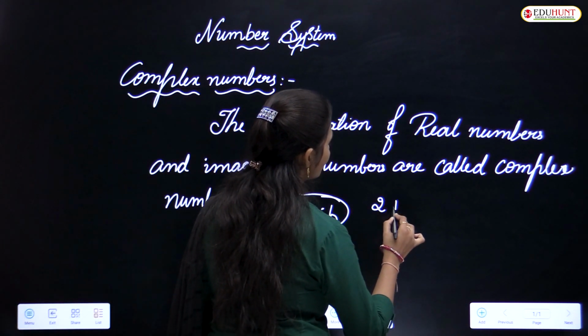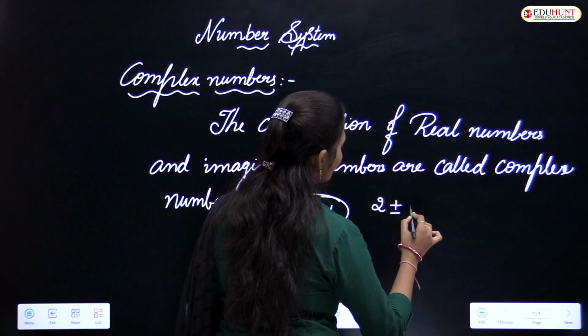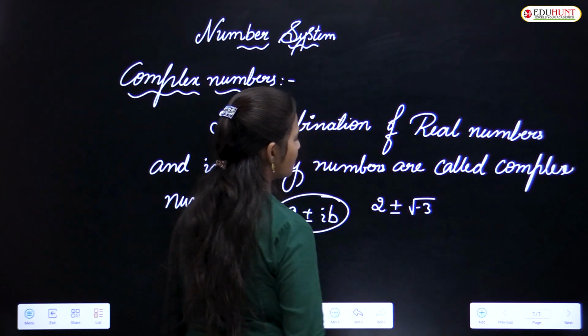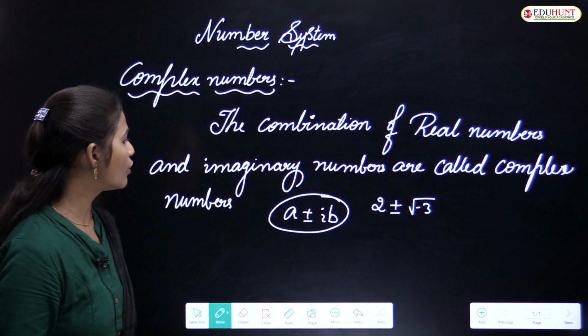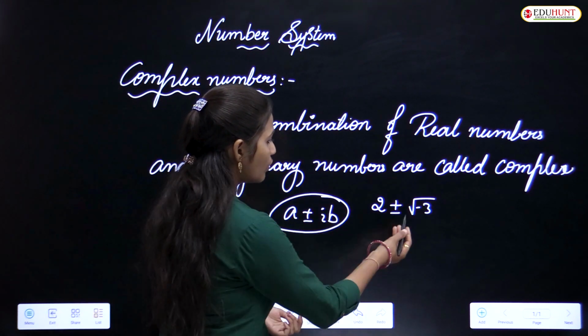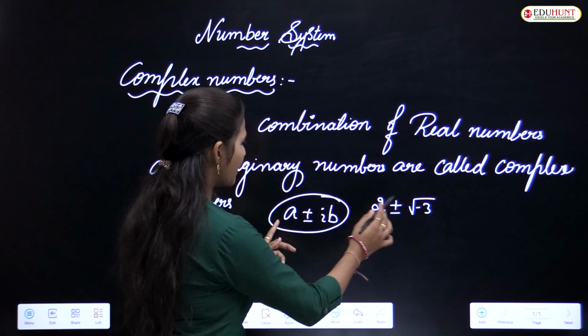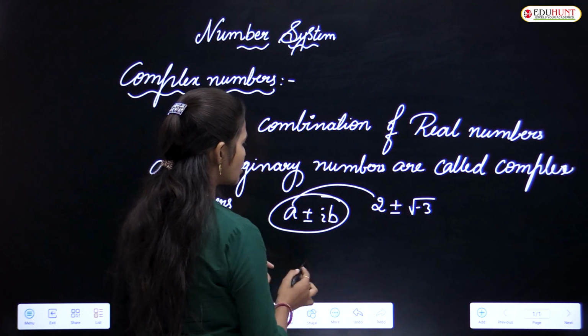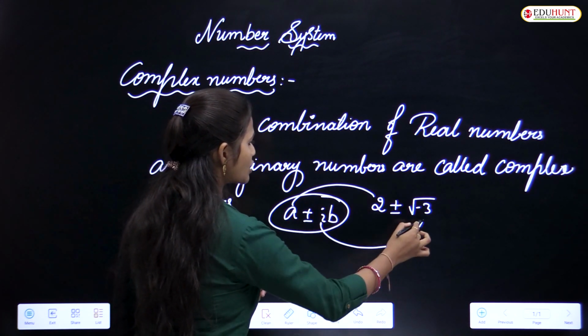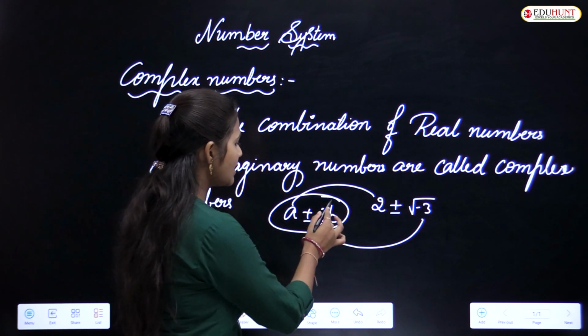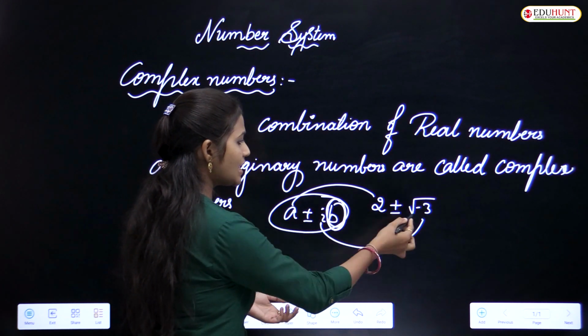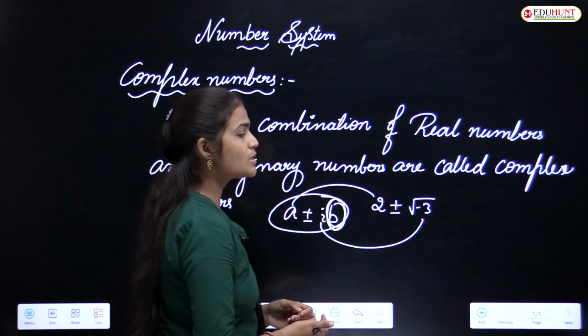Let's take one example, 2 plus or minus root 3 or root minus 3 something. The numbers are in the form of a plus ib. Here what about b? When you compare these two numbers, a is equal to 2 and i is equal to square root of minus 1. Where is that b here? Here b is not written.